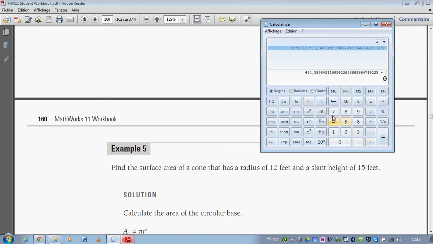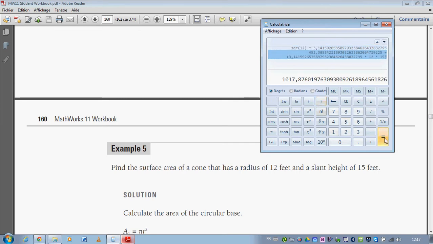The formula for lateral area of a cone was pi times r times s. So pi times r, which is the radius, 12, times s, which is the slant height, 15. And then you close your brackets, and then you push enter.